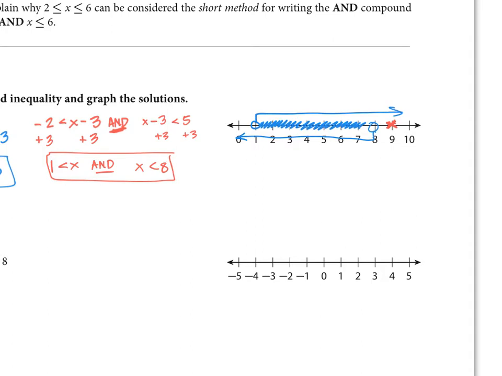If I take any of those numbers, decimals, fractions, whole numbers, whatever, everything in between 1 and 8 is going to satisfy this compound inequality. So make sure you're shading in between the 1 and the 8. You could erase these arrows that I've drawn so that you don't get confused, and I don't get confused if I'm looking at your solution.